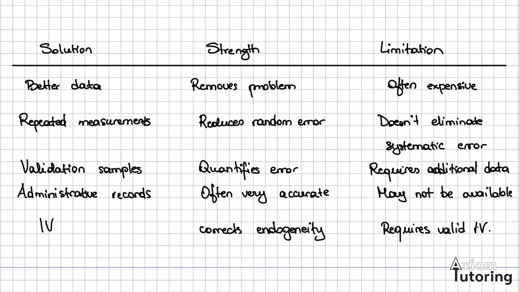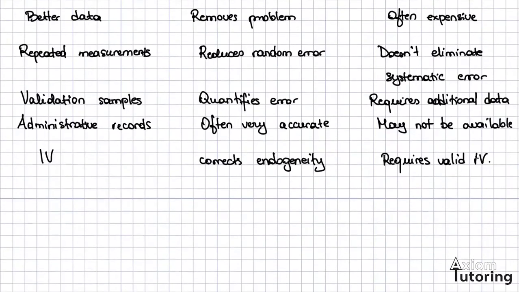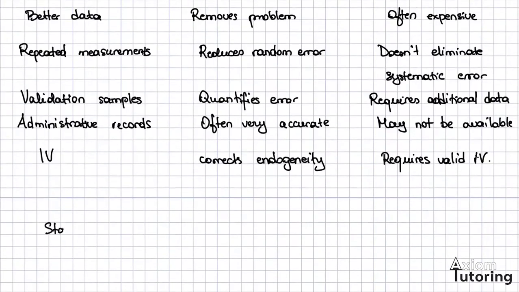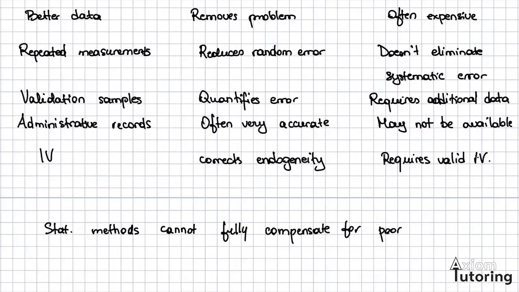One of the most important lessons in econometrics is that statistical methods cannot fully compensate for poor quality data.